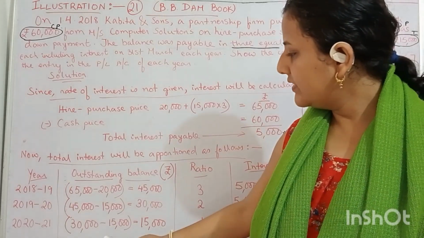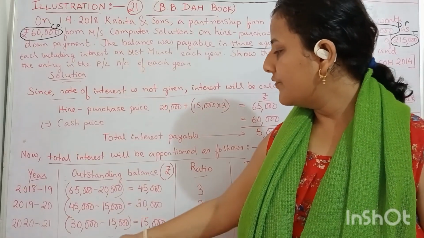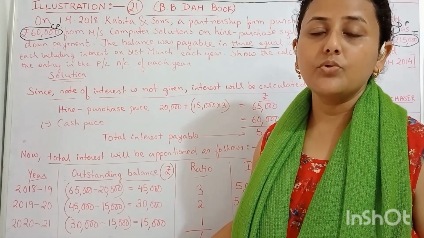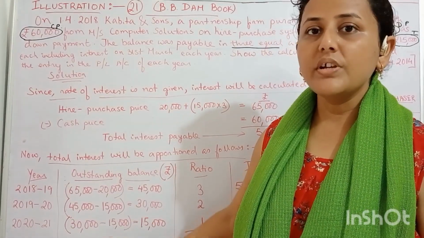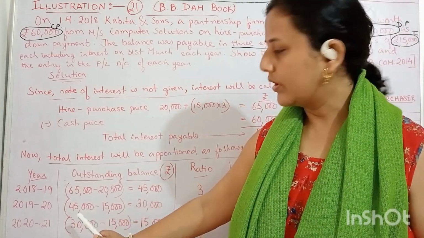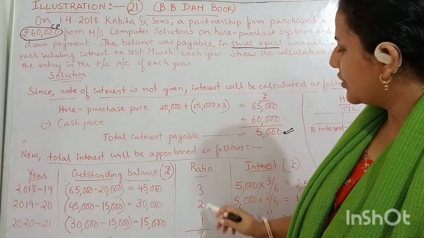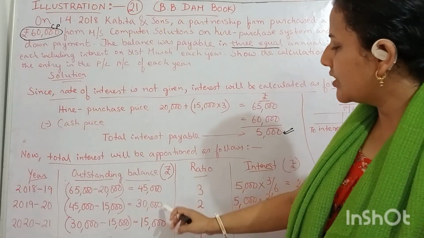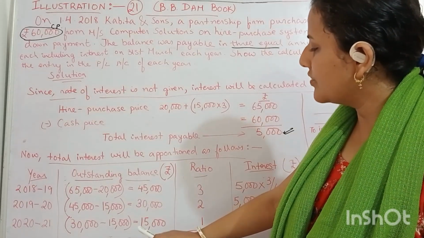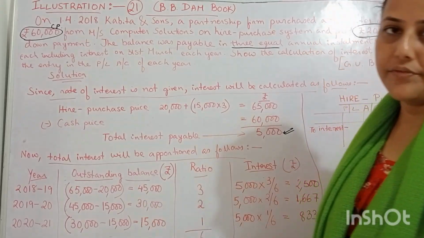From 15,000, the next year's installment will be paid, so 15,000 minus 15,000 will be 0. So no need of that. You just take out up till 2021. Now you take out the ratio. It will be 3 to 2 to 1, because 3 zeros cancel: 15 1s are 15, 15 2s are 30 and 15 3s are 45.